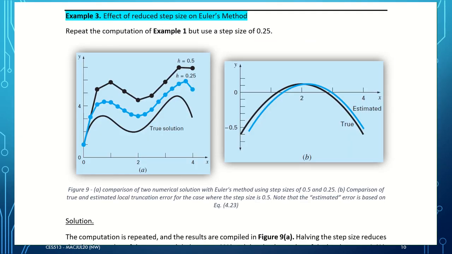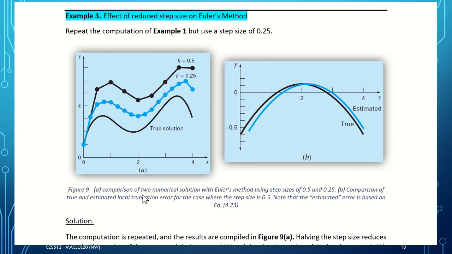Okay, now let us see an example which shows the effect of reduced step size on Euler's method. We need to repeat the computation of example 1, which used h equal to 0.5, but this time we use a step size of 0.25. After recalculating example 1, we get figure 9 here.